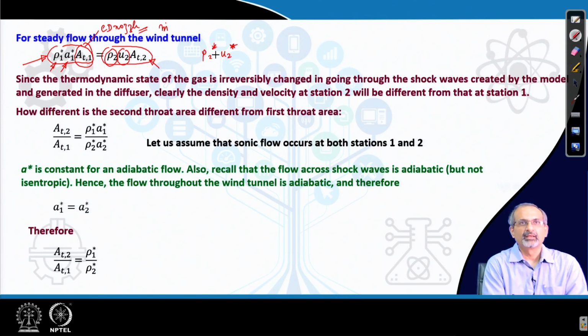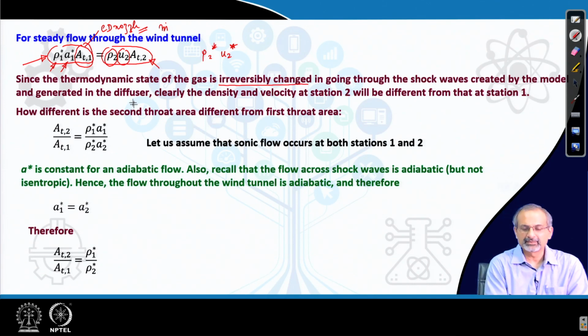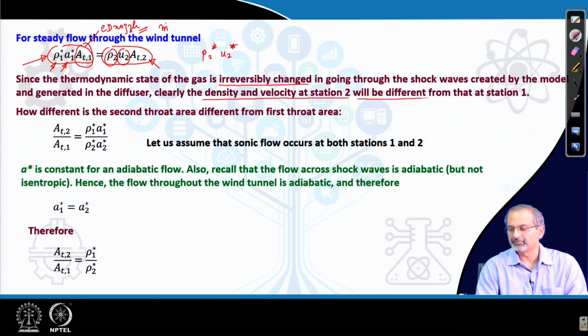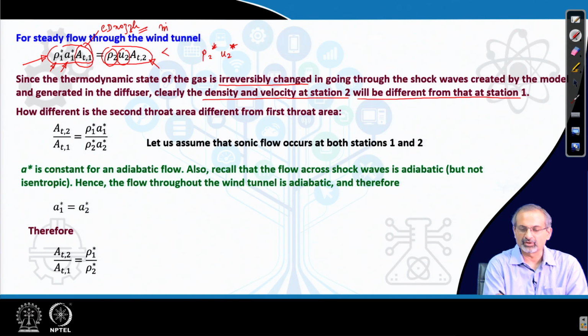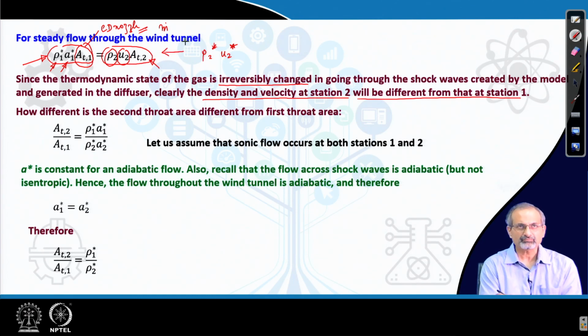Let us see. Now, since the thermodynamic state of the gas is irreversibly changed in going through the shock waves created by the model and in the diffuser, clearly density and velocity at station 2 will be different from that at station 1, which we already argued over here.